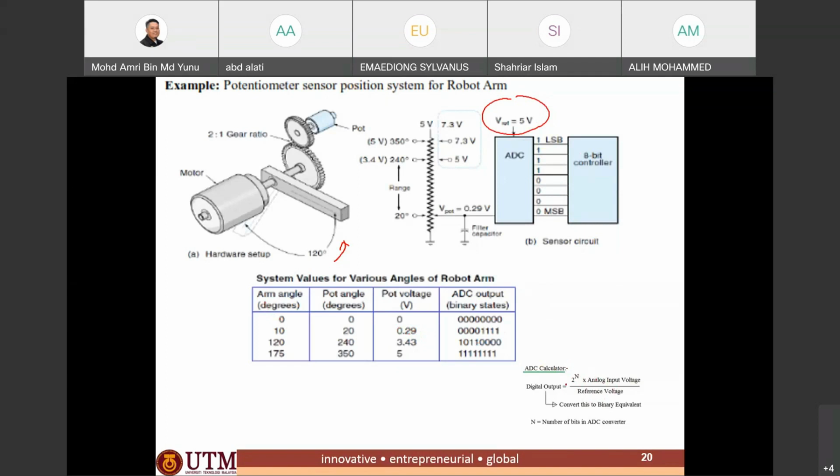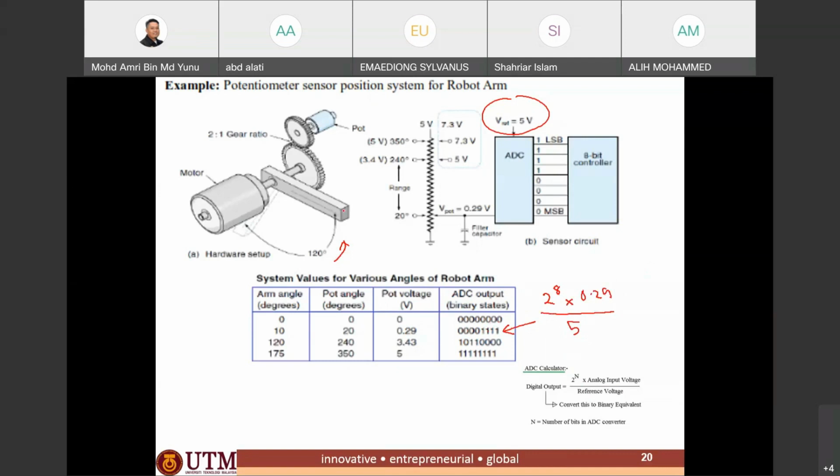Here 2 to the n, where n is the number of bits in the ADC. So the output is 2 to the power of 8 multiplied by 0.29 divided by 5, then converted into a binary value.